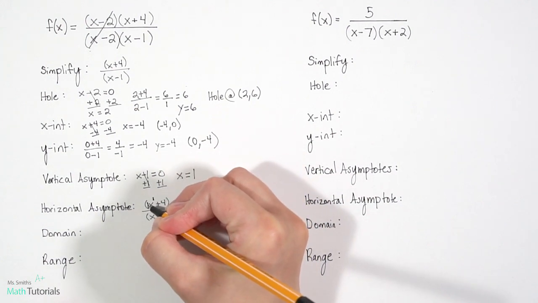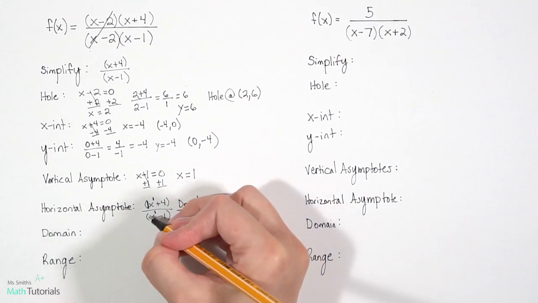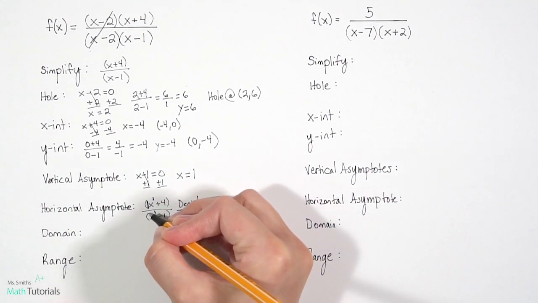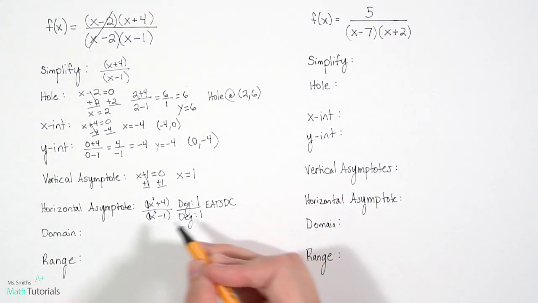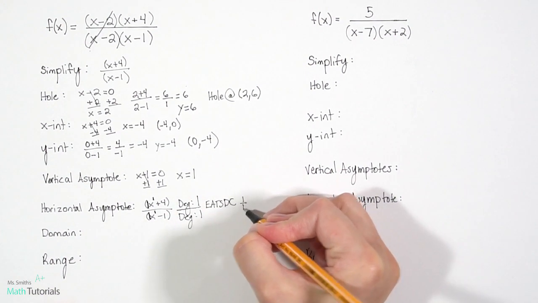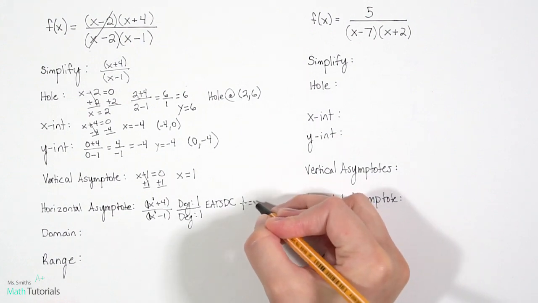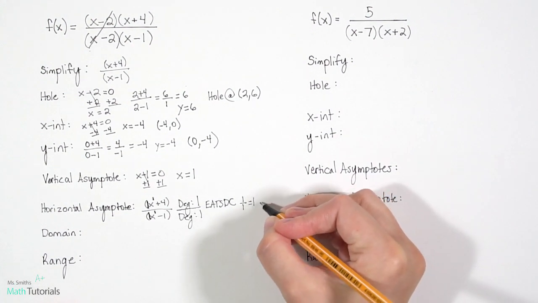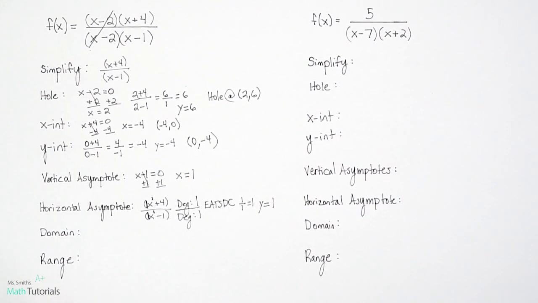And in this case, it's just a positive understood 1. And the same thing on the bottom. There's no coefficient that I see, so it's just a positive 1. So when I divide my coefficients, I just say, okay, what's 1 divided by 1? Well, 1 divided by 1 is just 1, right? So we would say our horizontal asymptote falls at y equals 1.